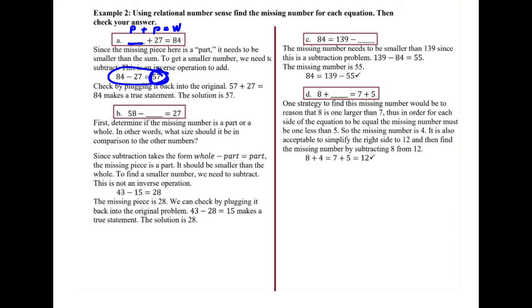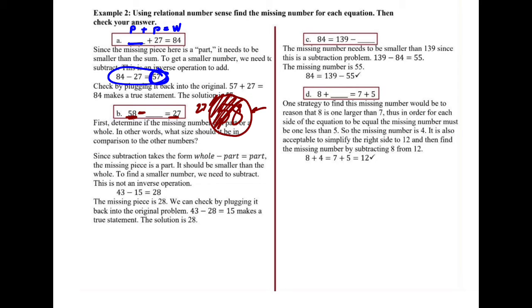Okay, the next one, 58 minus something is going to equal 27. 58 is bigger than 27, isn't it? If we subtract something from 58 to get to 27, that means 58 is the whole, and we're going to take 27 of it out.